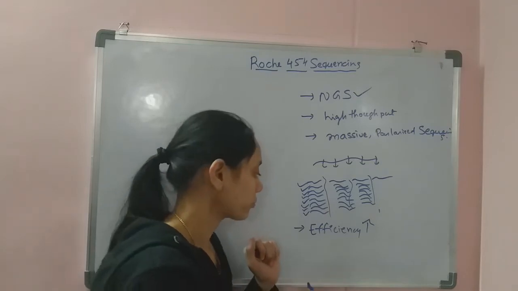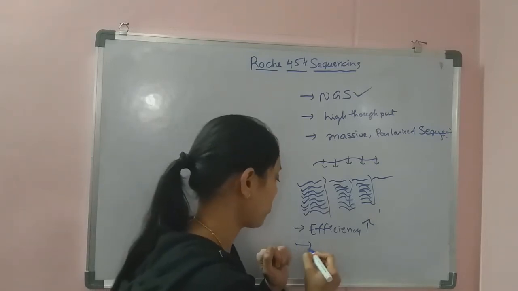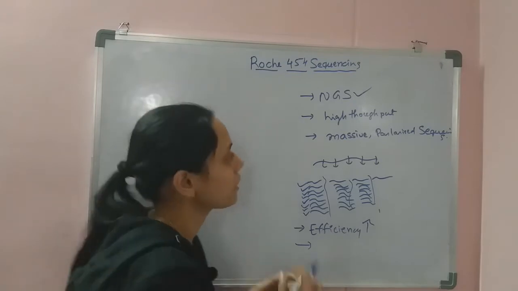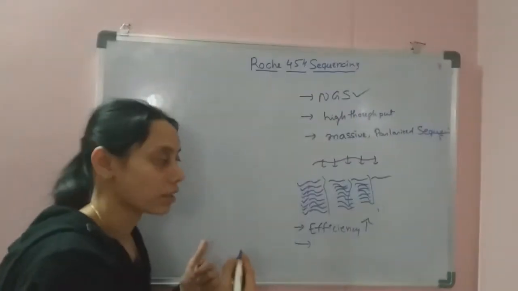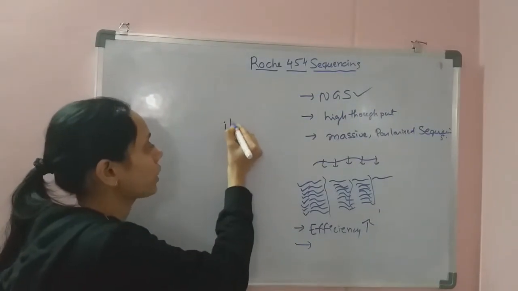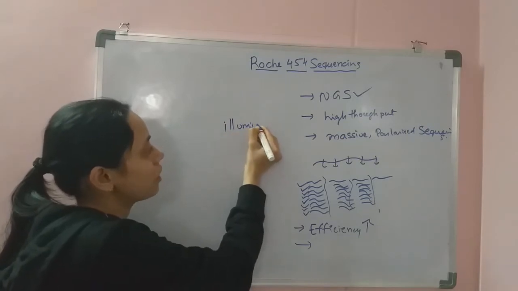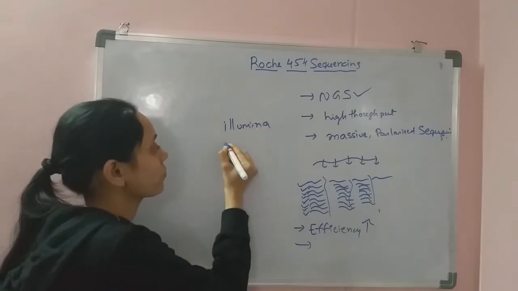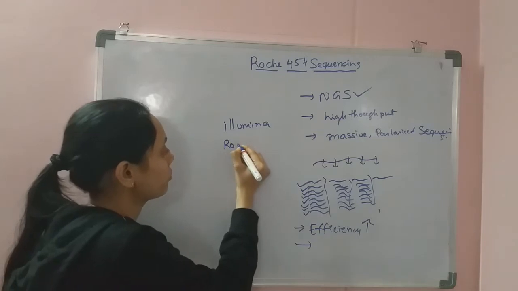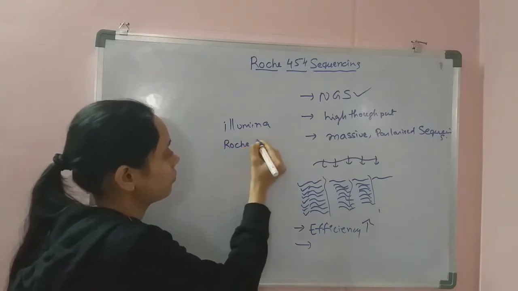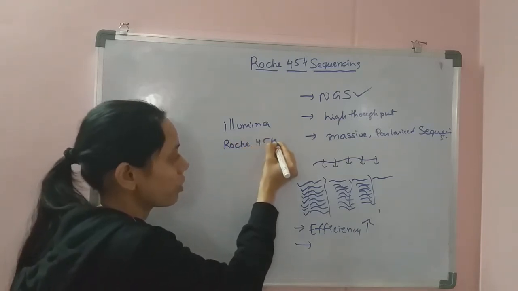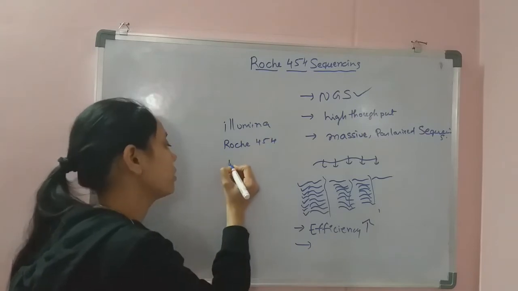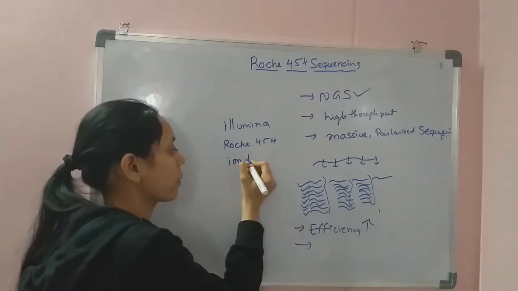And also, the popular examples of next generation DNA sequencing techniques are the Illumina DNA sequencing, Roche 454 DNA sequencing, and Ion Torrent.